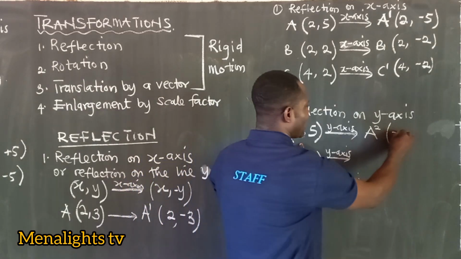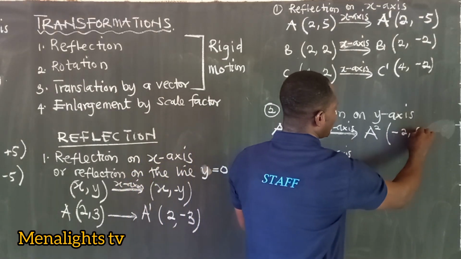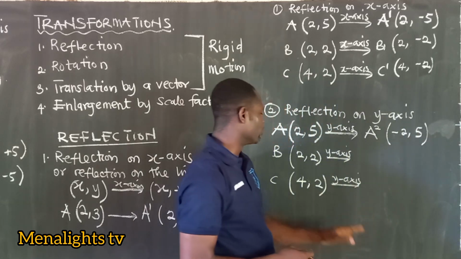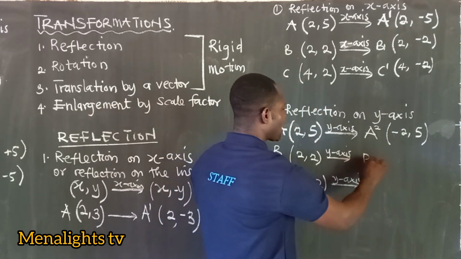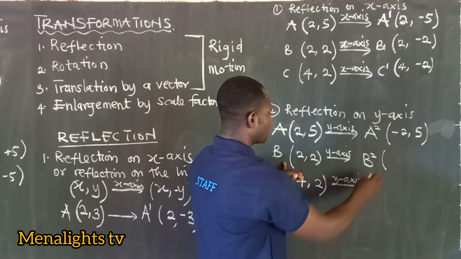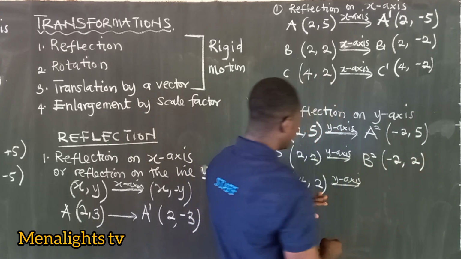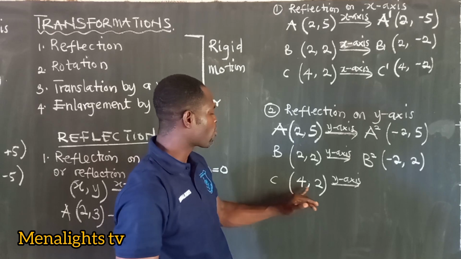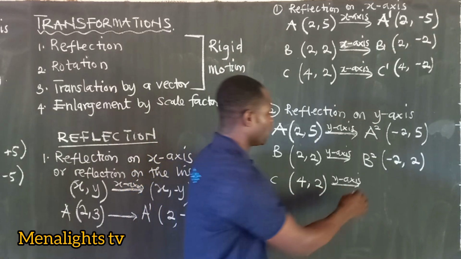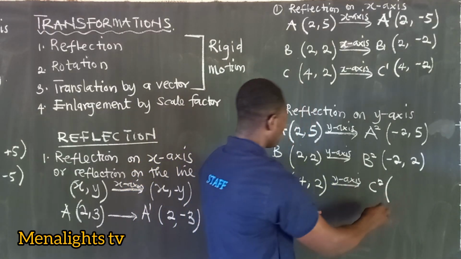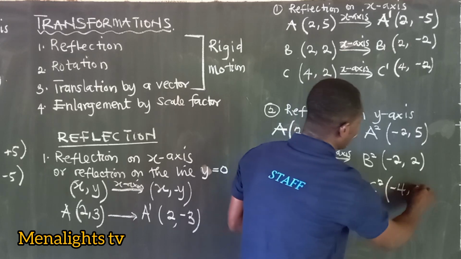It becomes (-2, 5). Then we come to B2, which is (2, 2), becomes (-2, 2). Then C (4, 2) will now be C2, which is (-4, 2).